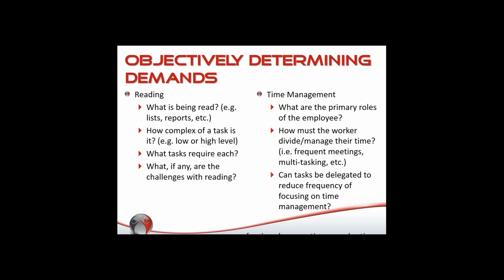So we want to know what the primary roles of the employee are. Although many people manage their own time, oftentimes it is dictated to some degree by upper management, that it should take a certain amount of time to complete a task. So they're working to meet those guidelines or deadlines. Some upper management will even give them a schedule for their day, letting them know exactly what they need to be doing when.